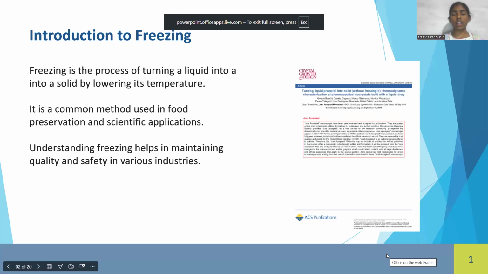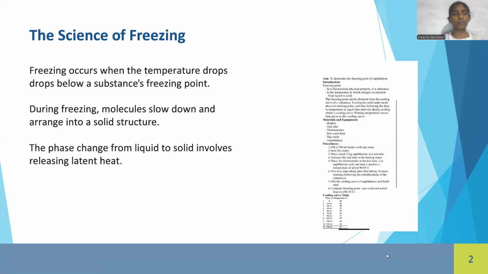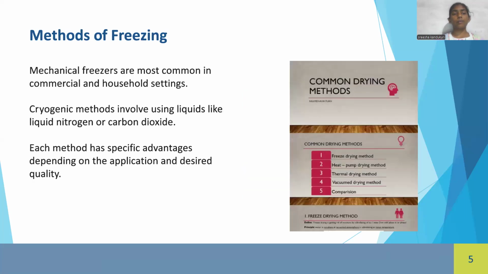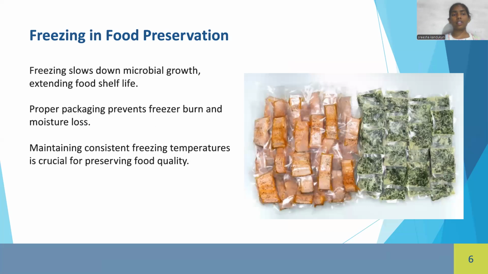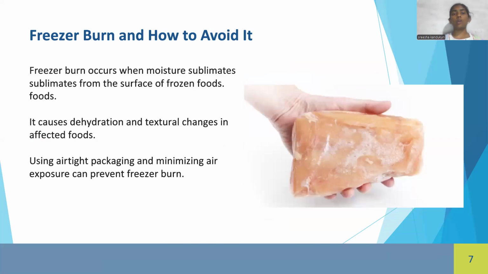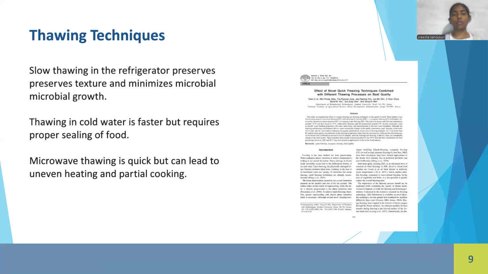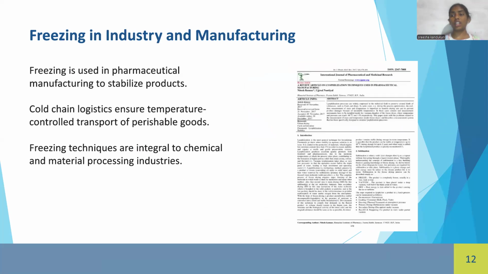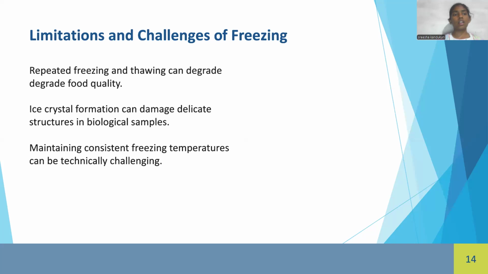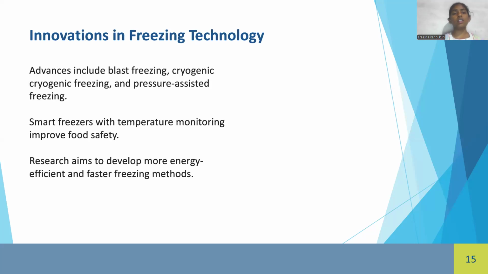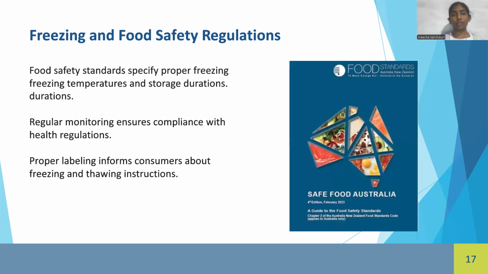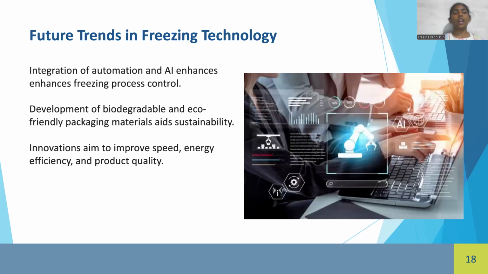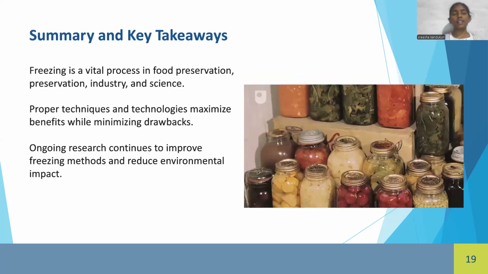First we moved on to the introduction, the science behind freezing, freezing point basics, some methods in freezing, and freezing's key role in food preservation, freezer burn and how to avoid it, effects of freezing on food quality, and what thawing is and thawing techniques, freezing in scientific research, freezing and climate, freezing in industry and manufacturing, and advantages, limitations, innovations, environmental impact, freezing and food safety regulations and awareness of them, some future trends regarding freezing, and the brief summary.